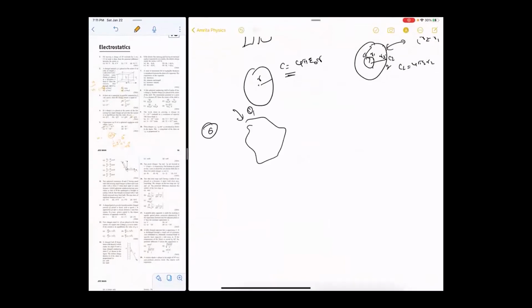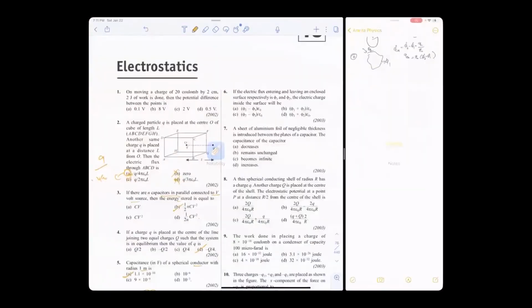Phi 2 is leaving and phi 1 is entering. So what is the net flux? Phi 2 minus phi 1 is equal to charge enclosed by epsilon naught. So charge enclosed is epsilon naught into phi 2 minus phi 1. Agreed? So the sixth one is option A.